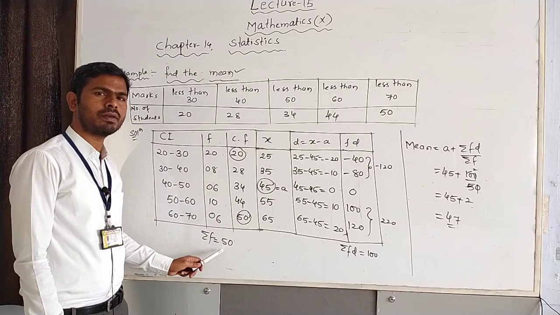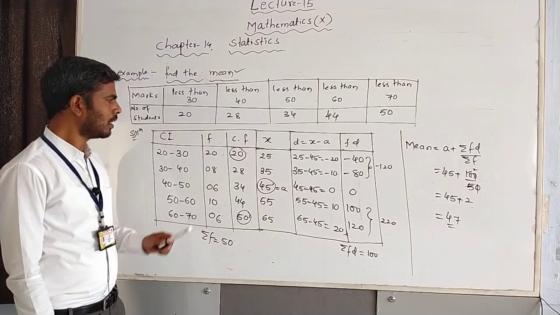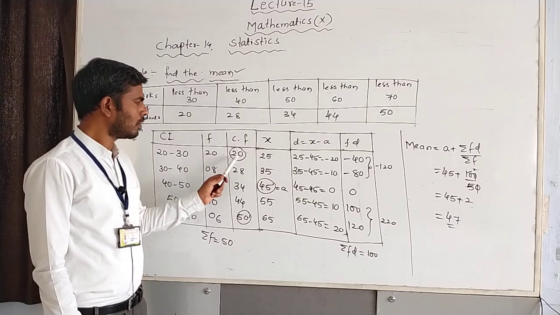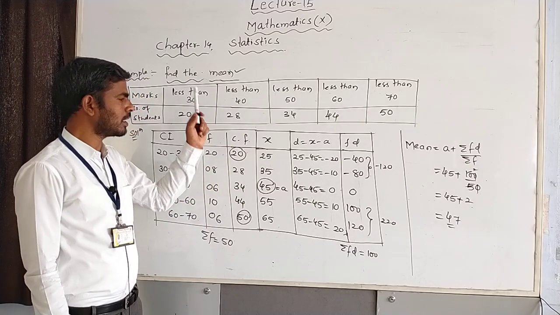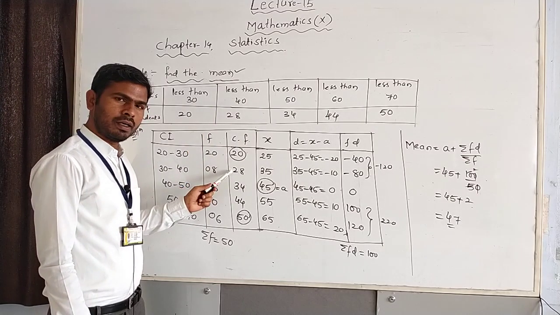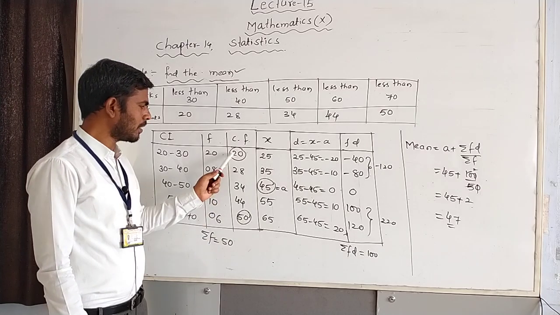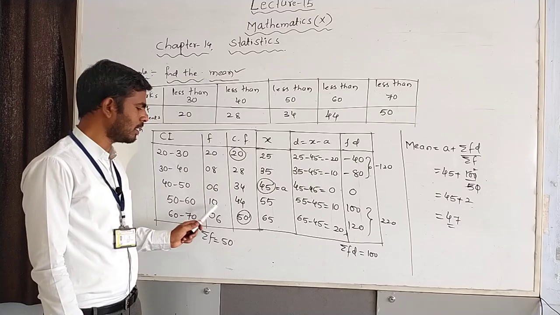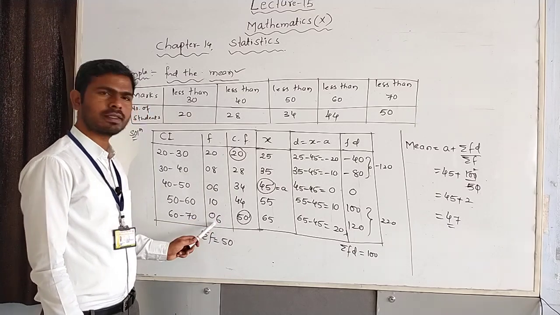Highest is 50, it is equal to summation of F, 50. The lowest value of CF is equal to the corresponding value of the F. Lowest is 20, 20. Here less than is given, that's why I have to subtract from top to the bottom. 28 minus 20 is 8, 34 minus 28 is 6, 44 minus 34 is 10, 50 minus 44 is 6.